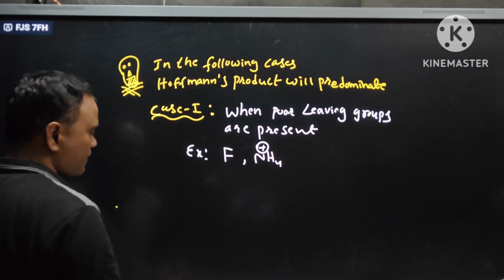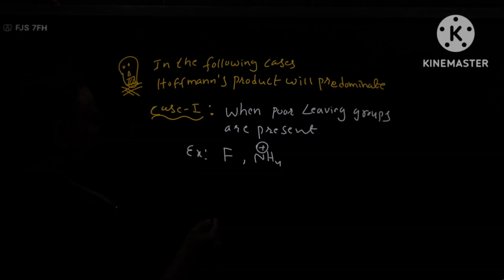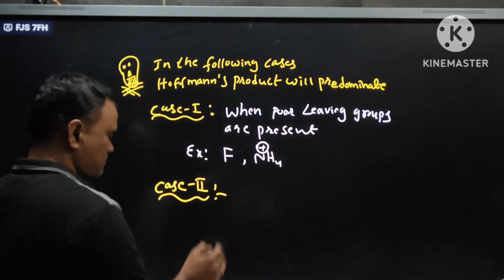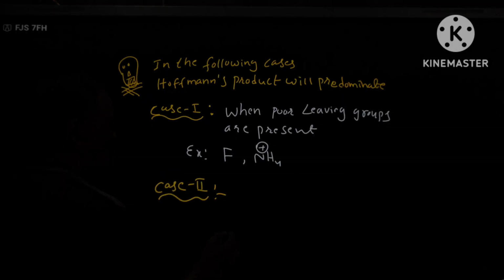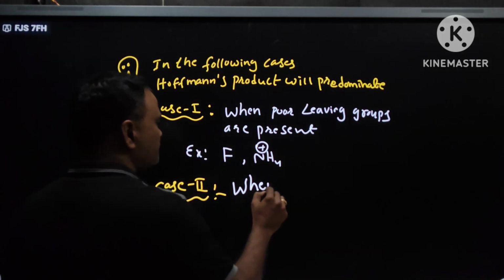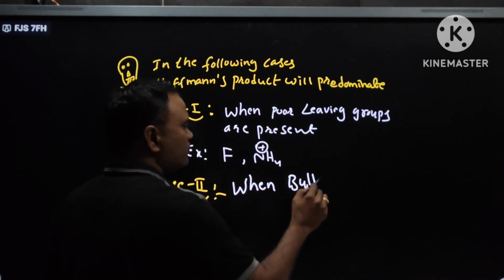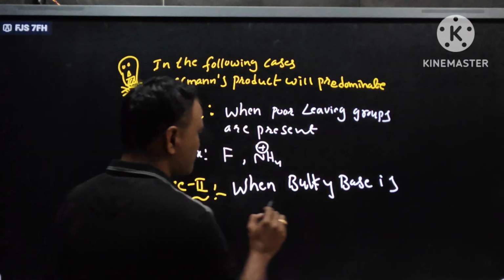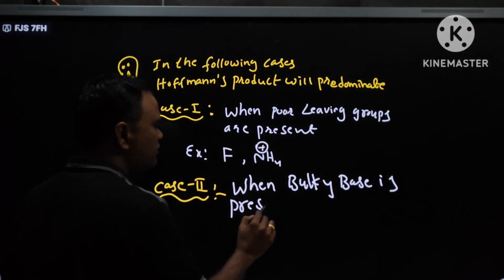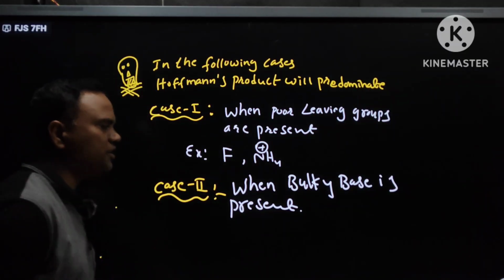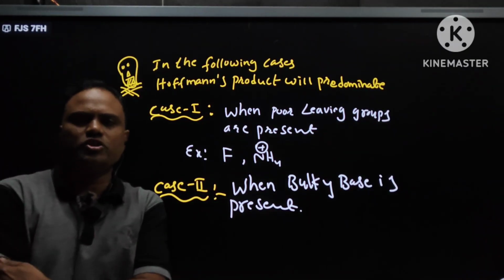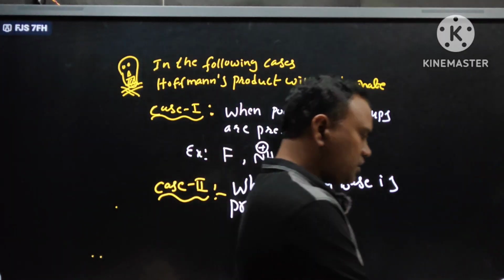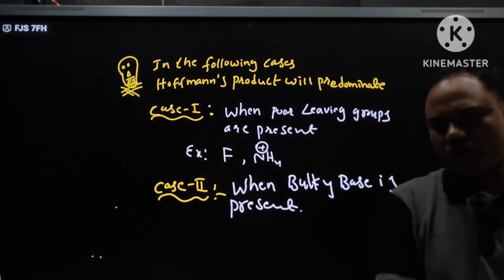Case 2: when a bulky base is present, very valid point. When a bulky base is present, in that case also Hofmann's product will predominate.